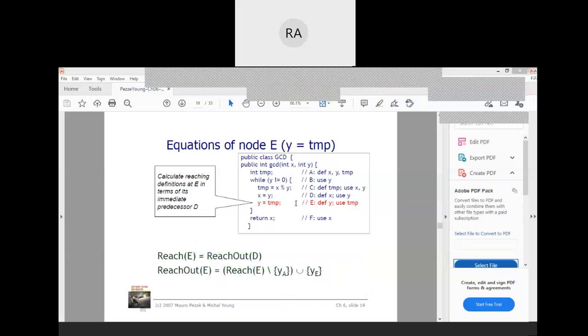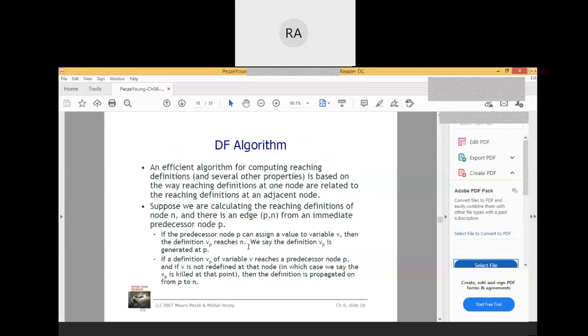First and foremost, you have to know how these two have come. These two are arrived at with the help of the DF algorithm. See how the DF algorithm computes reaching definition. Suppose I have a node N and there is a predecessor node P. Via node P, how can I reach node N? These two points are explained with the formula in the next slide.